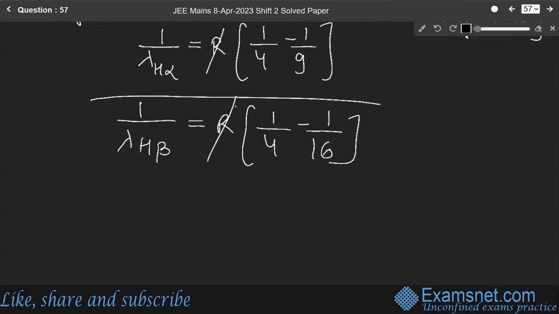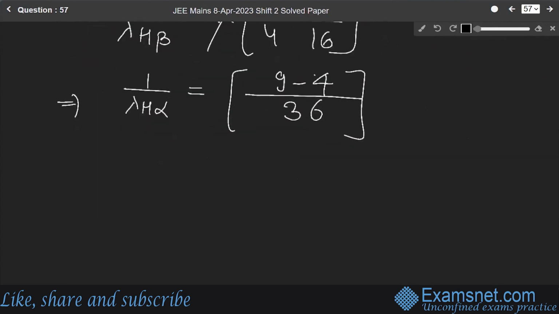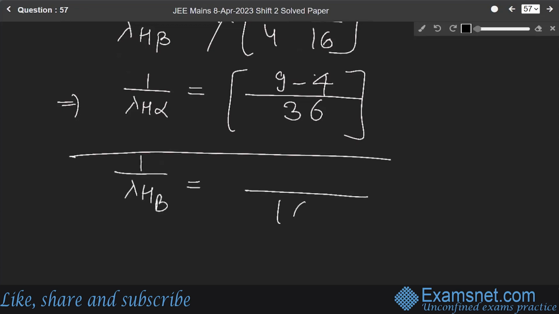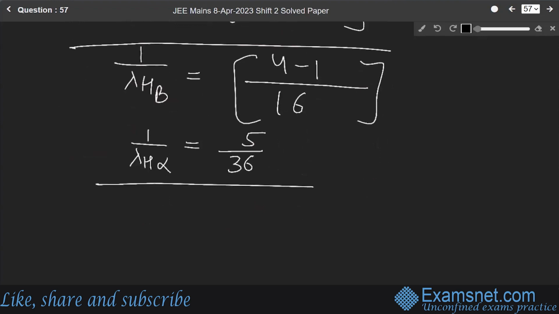So we get 1 over lambda H alpha equals (9 minus 4) over 36, upon 1 over lambda H beta, which equals (16 minus 4) over 64... solving this, we get 1 over lambda H alpha is 5 over 36, divided by 1 over lambda H beta, which equals 3 over 16.